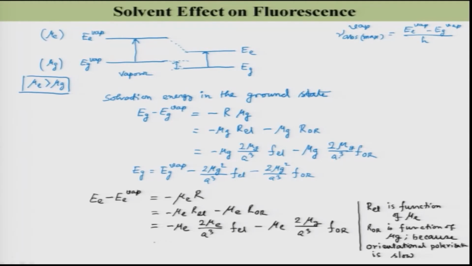So, what I am going to have is this equal to minus twice mu_E square by a cubed f_EL minus twice mu_G mu_E by a cubed f_OR.